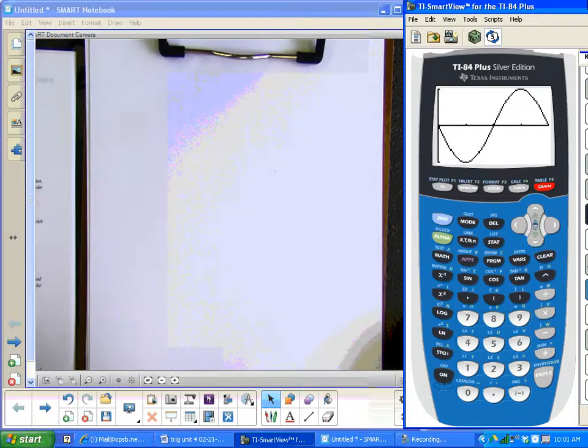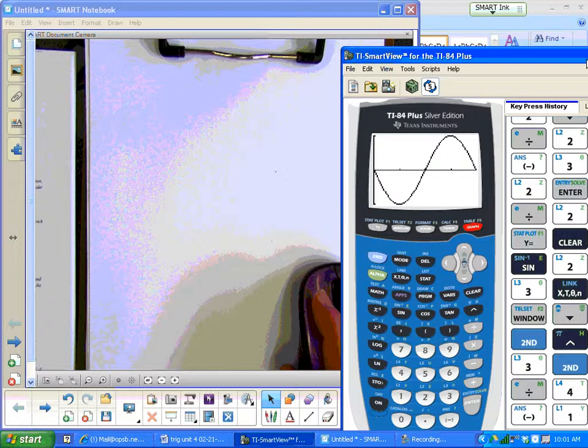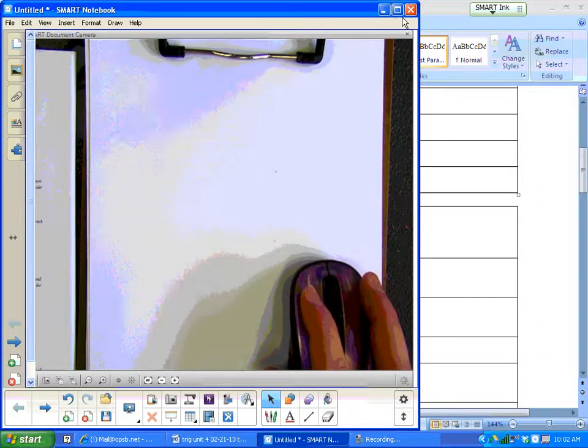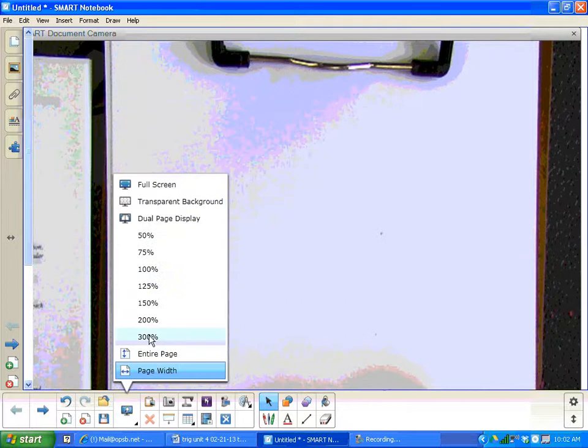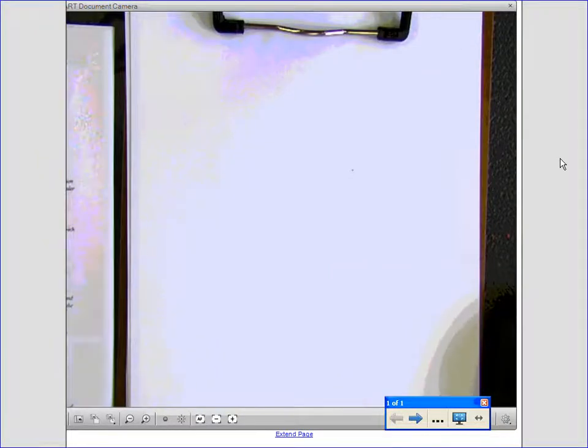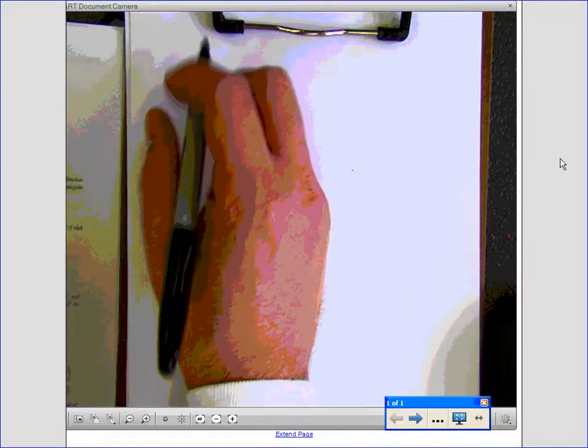I'm going to switch over because I'm going to get rid of the calculator. We don't need it anymore. Now, we're going to graph today secant and cosecant.